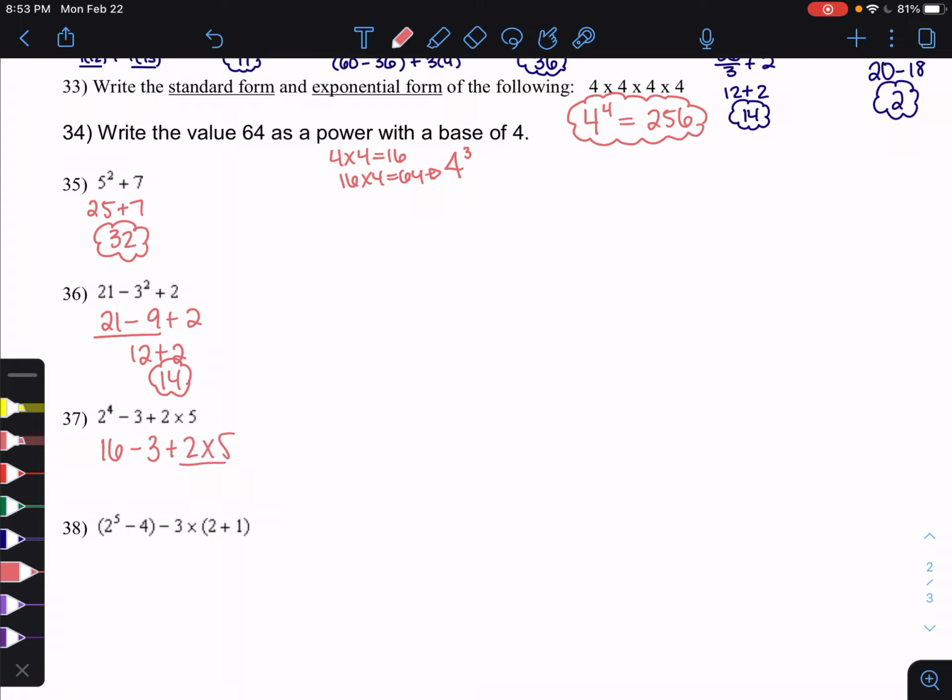So now I'm going to multiply 16 minus 3 plus 10, then left to right. So I subtract 16 minus 3 is 13, plus 10 is 23.